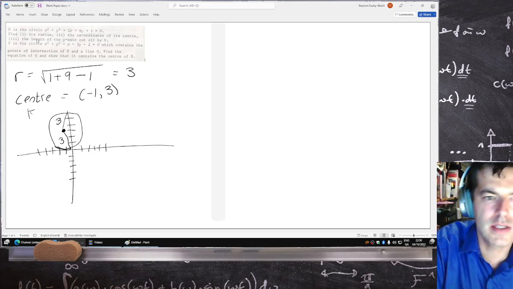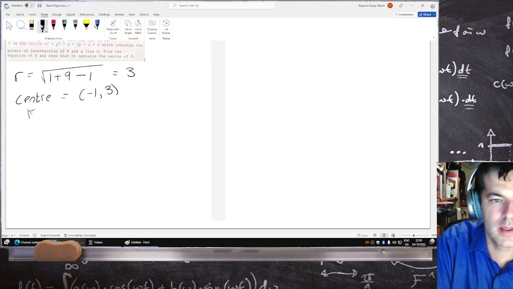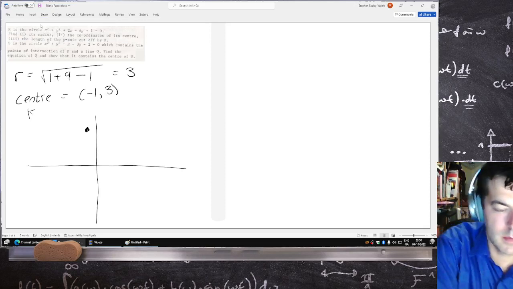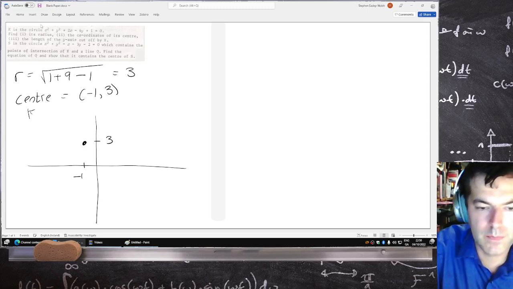Yeah, maybe if I draw this a bit neater, I can figure it out. Okay. So the center is at minus 1, 3. It's so large. Okay, so that's minus 1 and that's 3.